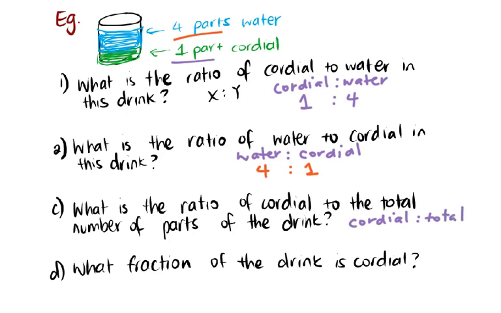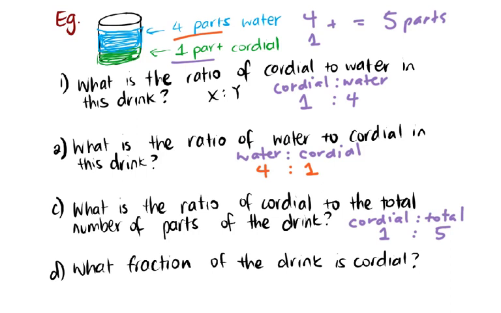So if we look here, we've got 4 parts water, 1 part cordial, so the total is 5 parts altogether. So cordial is 1 and the total parts is 5. So the ratio of cordial to the total number of parts of the drink is 1 to 5.